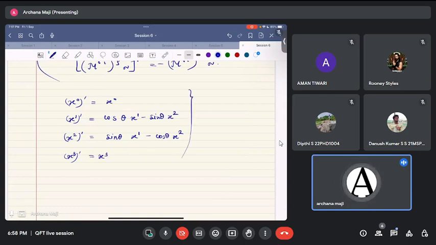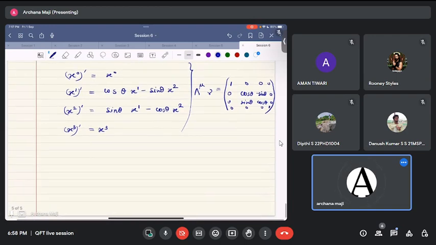So what is the corresponding Lorentz transformation matrix? Lambda mu nu is 0 0 0 0, cos theta, minus sin theta, 0, sin theta, cos theta, 0, 0 0 0, sorry, 1 here and 1.